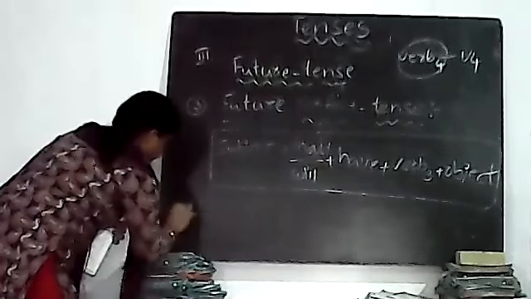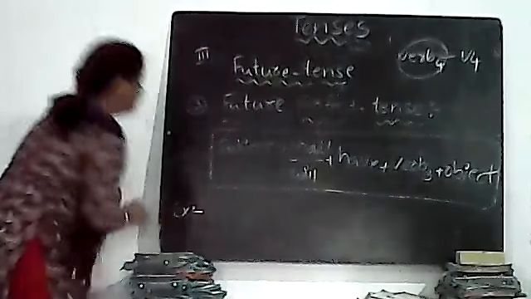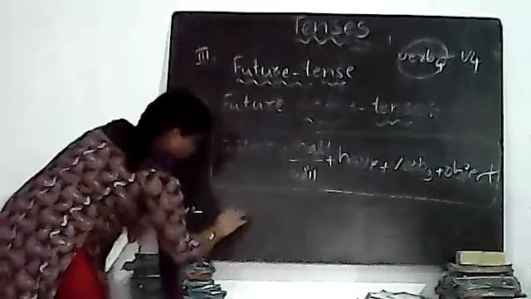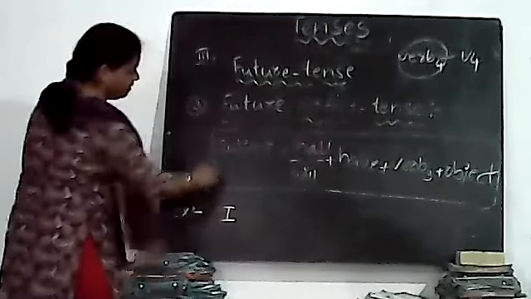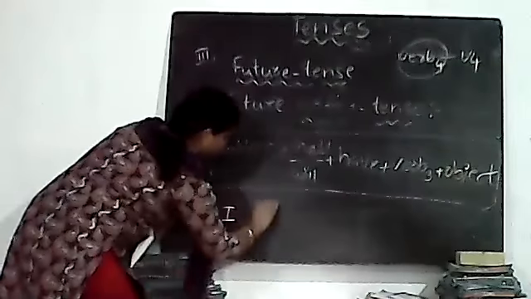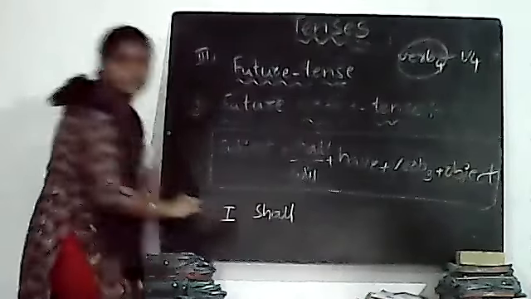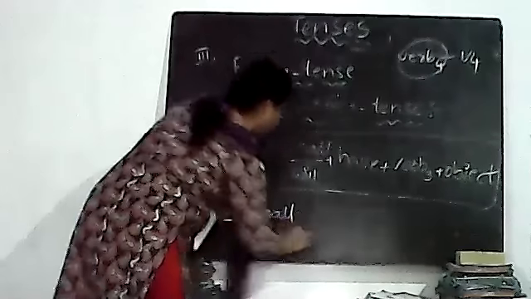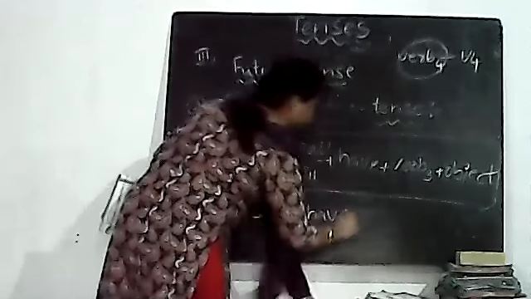So again I write an example. I is the first person singular subject, plus shall. Next, add the helping verb have. Then next, verb 3.